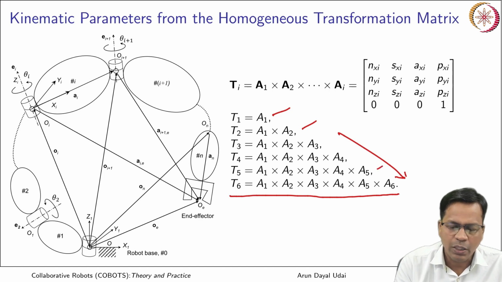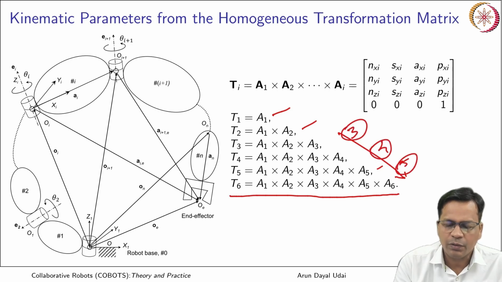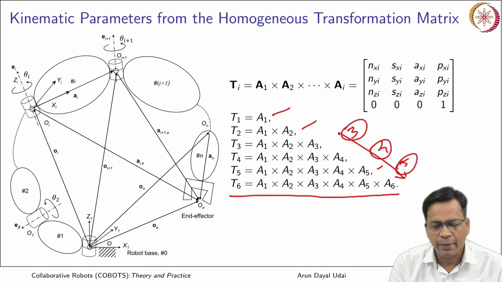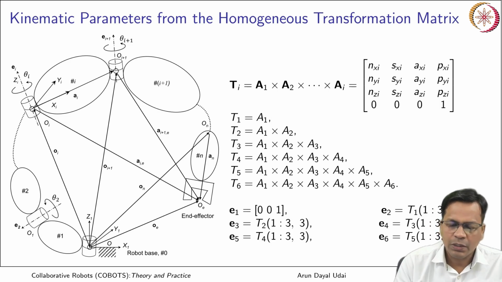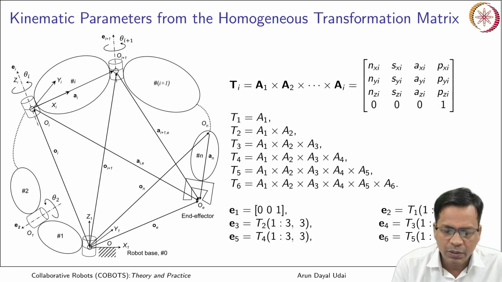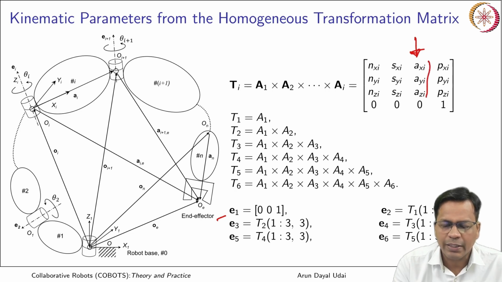These will take you to the frame which is just one prior to the sixth one, that is for the fifth frame, this is for the fourth frame, this is for the third frame, likewise. Okay. Now the last column Ei, the column which is here, is the z axis vector. You know the component of z along x, along y, along z lies here.